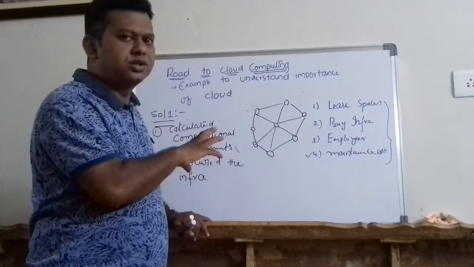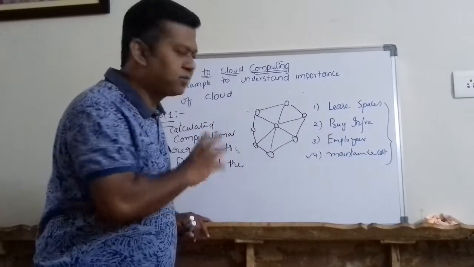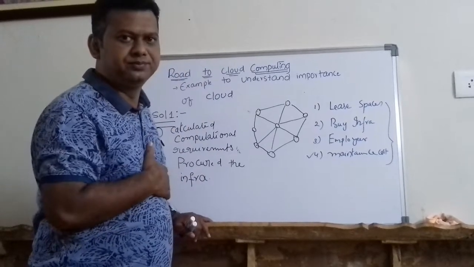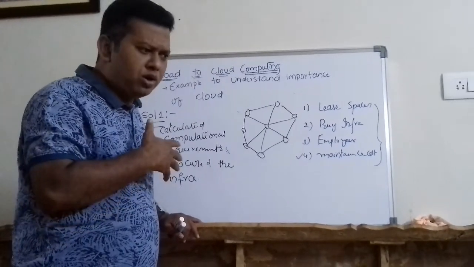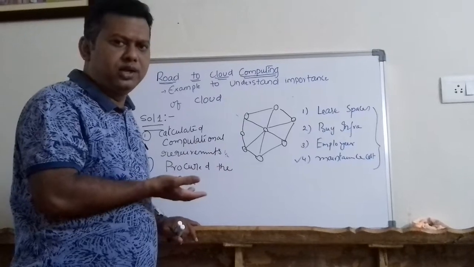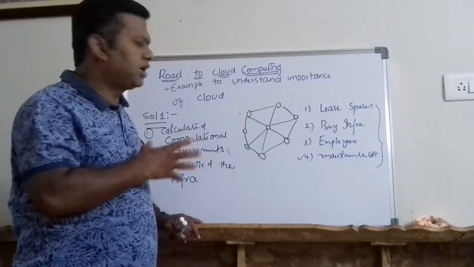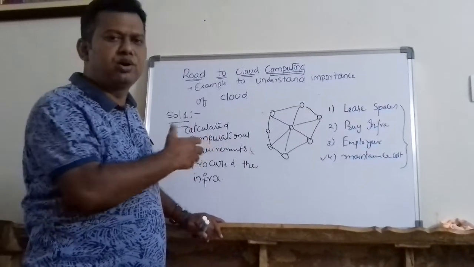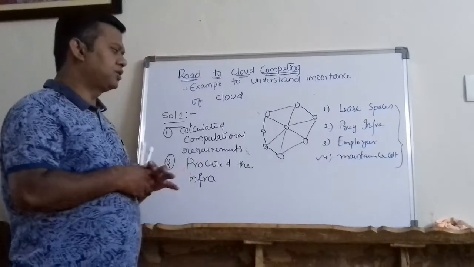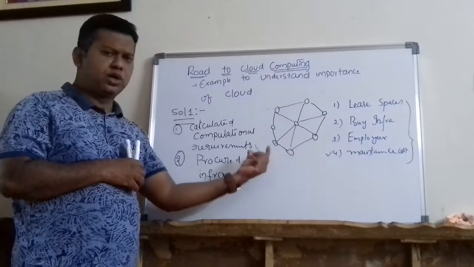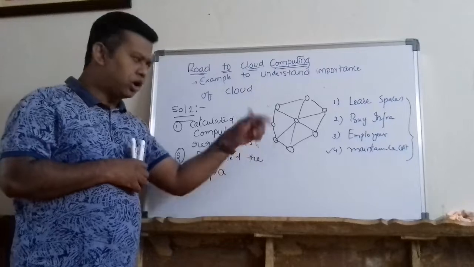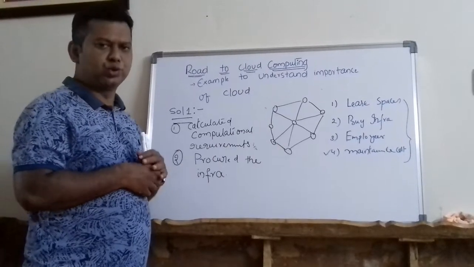So the better solution to this problem is cloud, right? So we will not exactly learn cloud today in this example. We will just try to understand what cloud is going to offer you. So I hope you understood this solution, and you also understood the limitation in this solution.